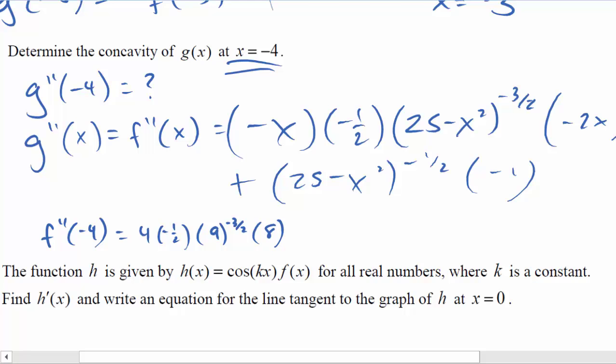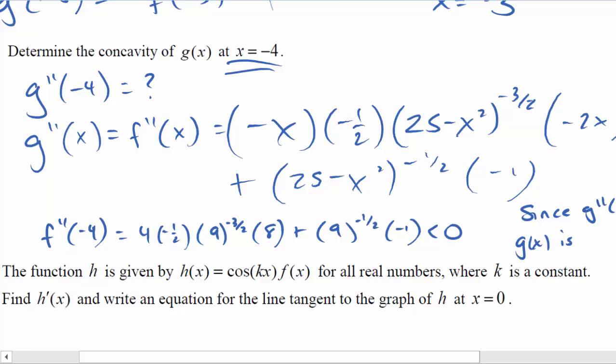Same thing right here, 25 minus x squared is also going to be 9 to the negative 1/2 times negative 1. Using the exact same logic from before, I know this is negative. So since g double prime of negative 4 is less than 0, g of x is concave down at x equals negative 4.